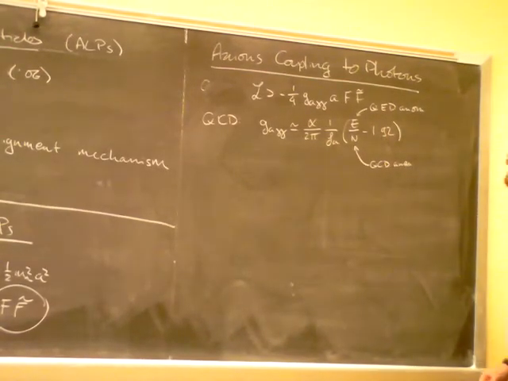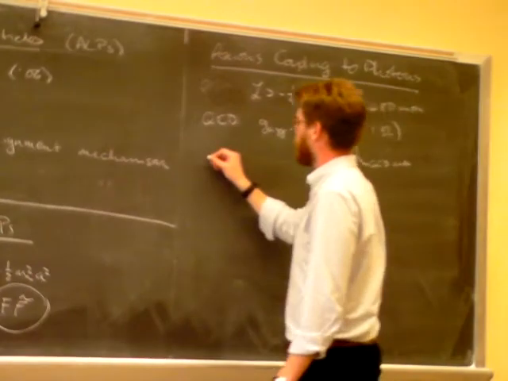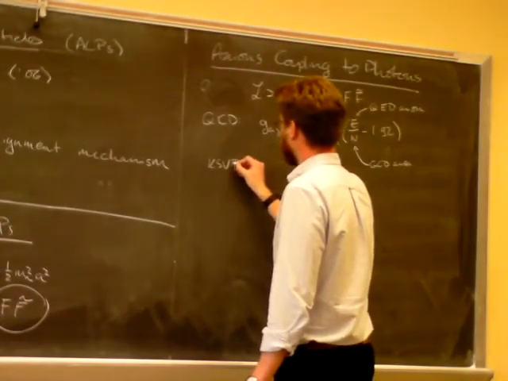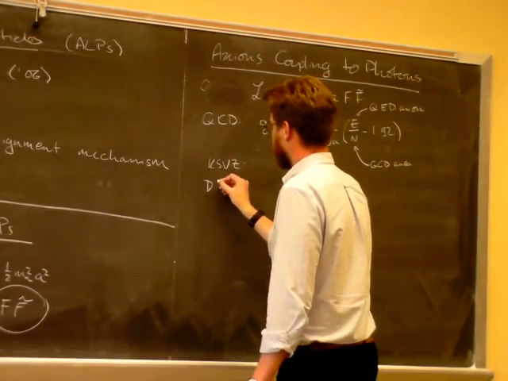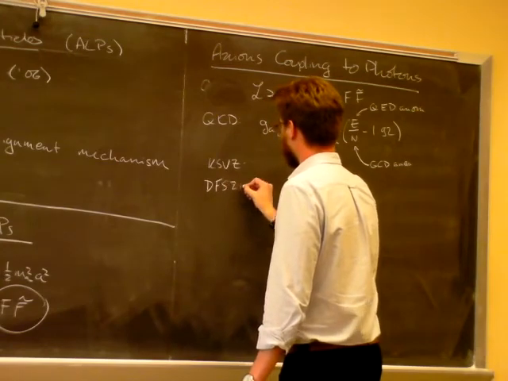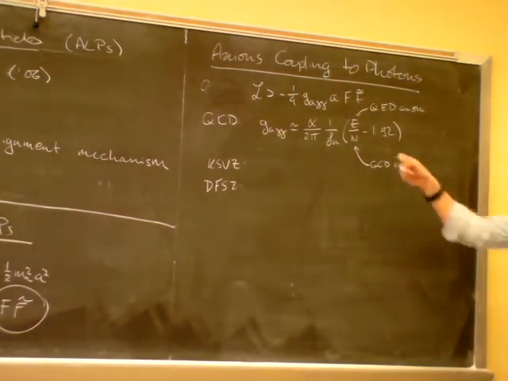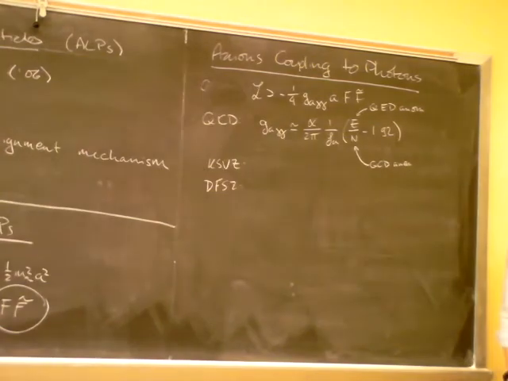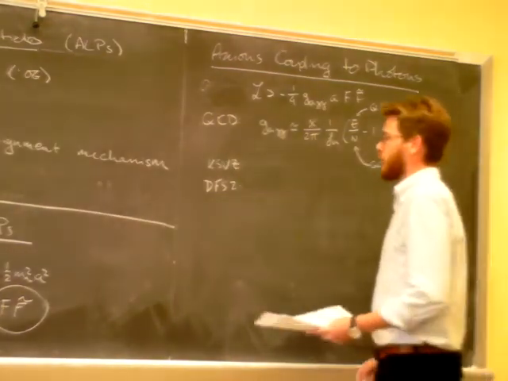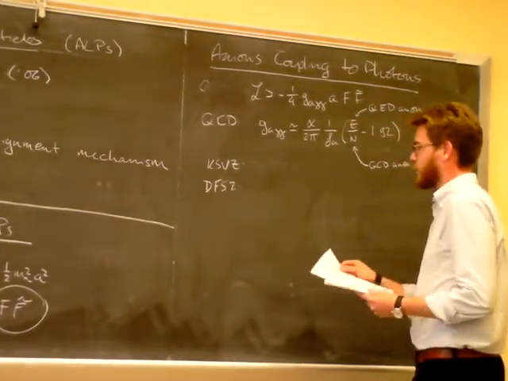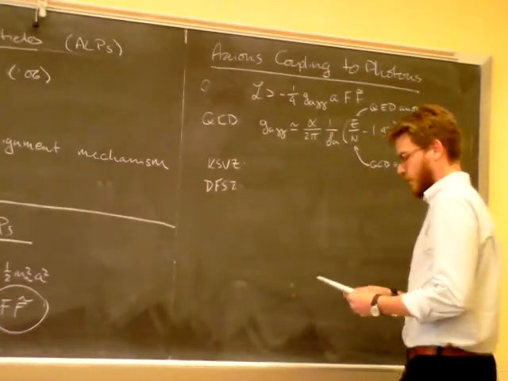And so indeed, in the case of the two most common models for QCD axions, the KSVZ and the DFSZ models, I have two different predictions for what this ratio of E over N should be. And this will appear later on in my plots, and so I will explain what they are here.